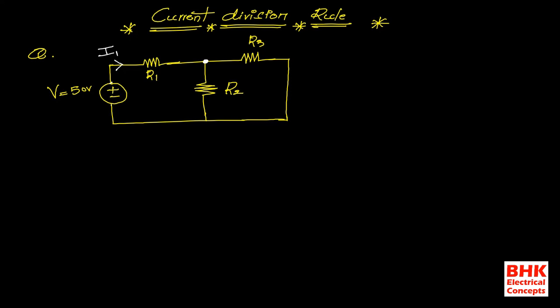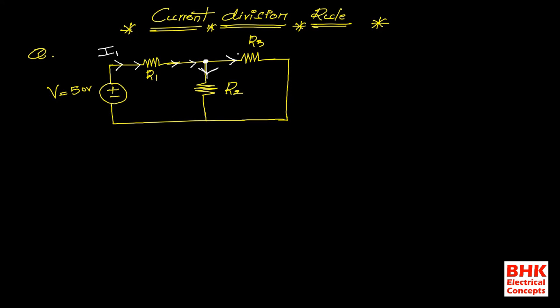When current is supplied by the 50 volt source, it flows directly and reaches this junction point. After the junction, the current divides into this branch and also into this branch.